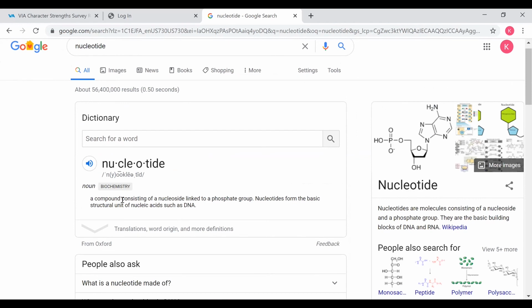Nucleotides form the basic structural unit of nucleic acids such as DNA. So an oligonucleotide is just a few of the basic structural units of DNA. Okay. That's a very good question.